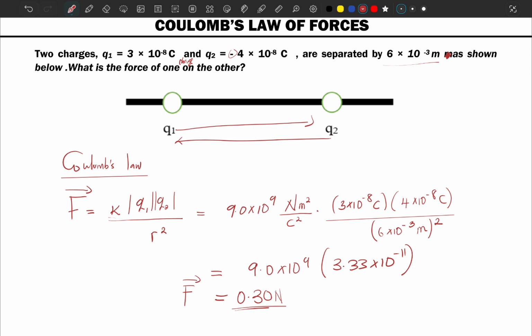Remember that charges usually move from positive to negative. So the force is directed from one to the other along the same line. This guy exerts the same force and that guy exerts the same force.